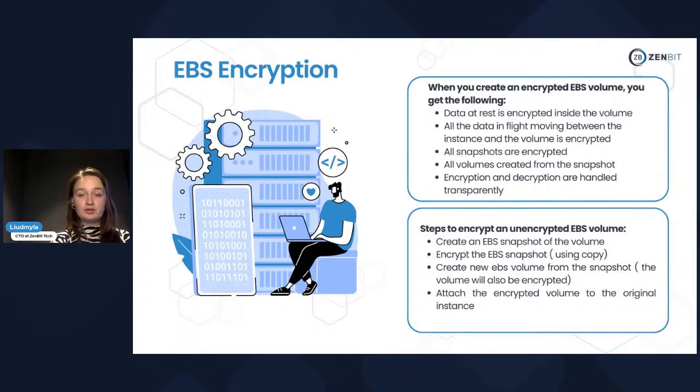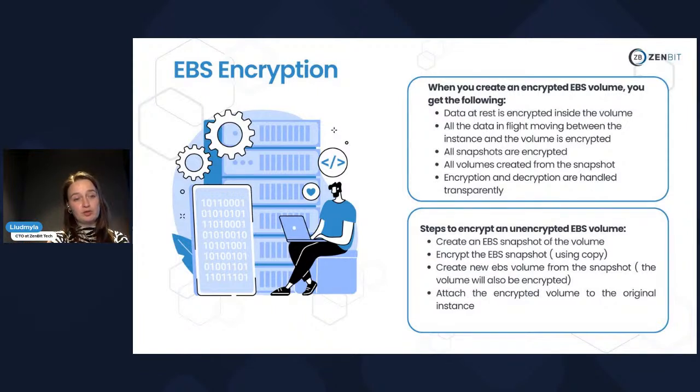Also, encryption leverages keys from KMS. Copying an unencrypted snapshot allows encryption, and a snapshot of an encrypted volume is encrypted. So partly we see it in the schema that we discussed on the previous slide.